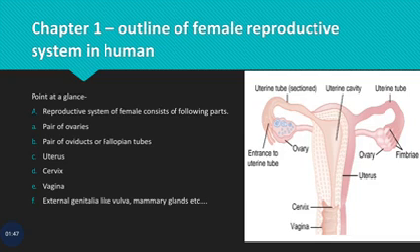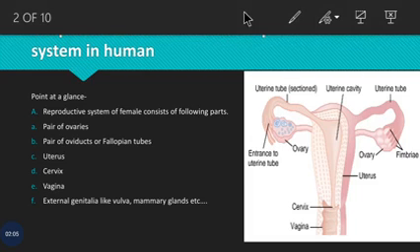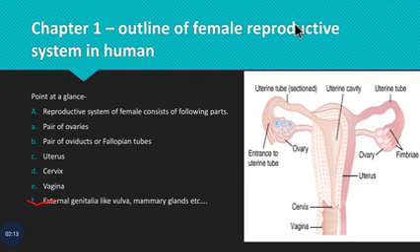The reproductive system consists of the following parts: a pair of ovaries, a pair of fallopian tubes, uterus, cervix, vagina and the external genitalia, right? On the next slide we are going to study them one by one: ovaries, oviducts, uterus, cervix, vagina.